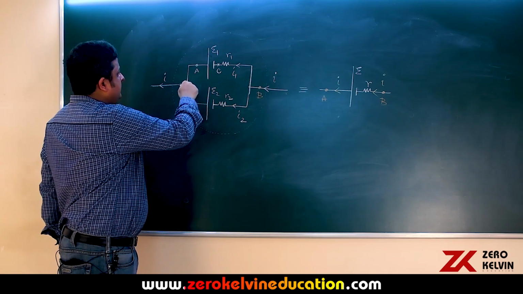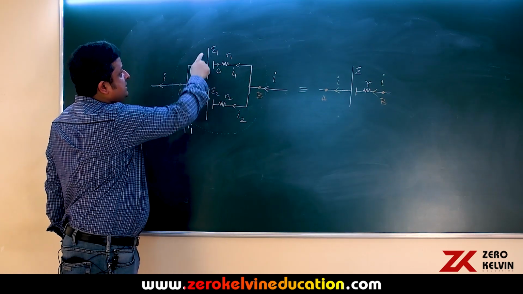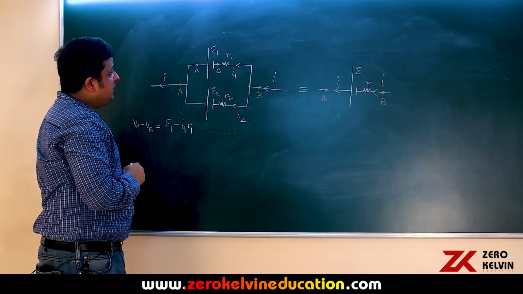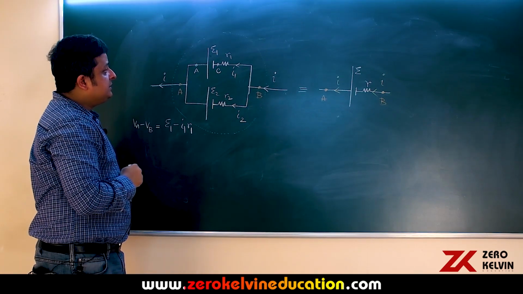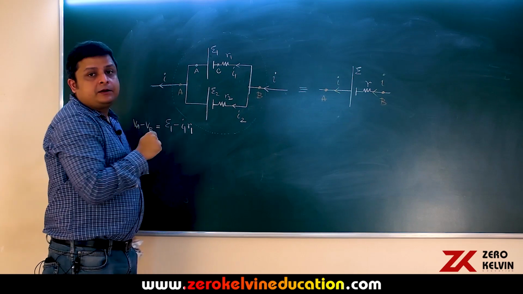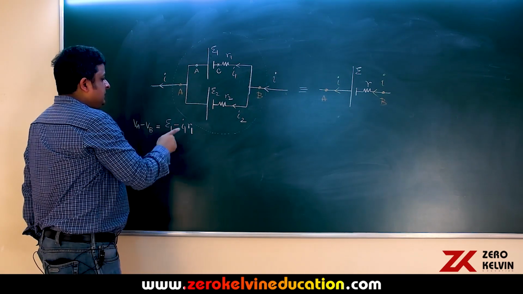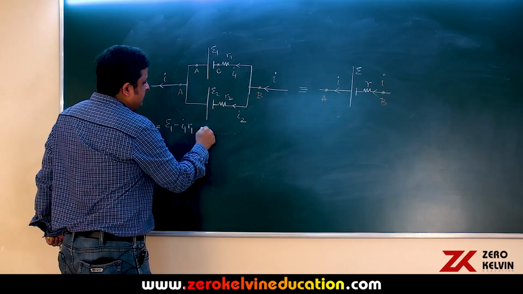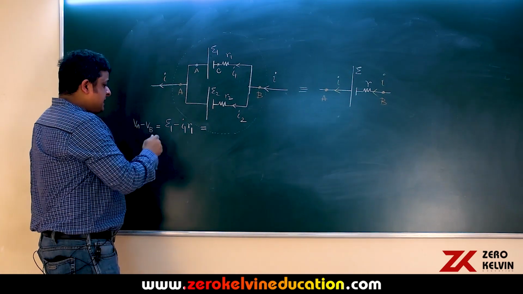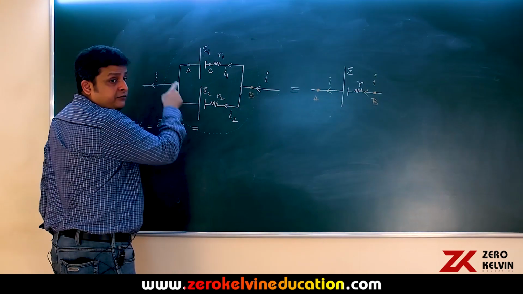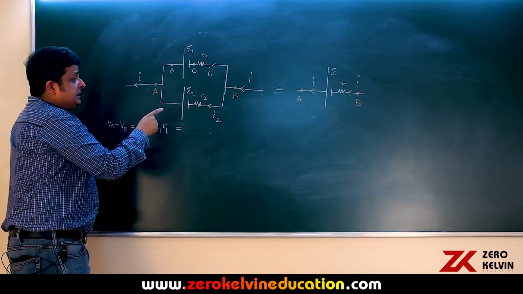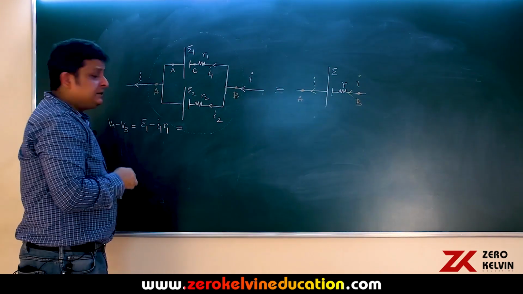So, VA minus VC is E1, while VC minus VB is minus I1 R1, because current is flowing from B to C. And this same VA minus VB you can write from the lower branch also, that will be E2 minus I2 R2.